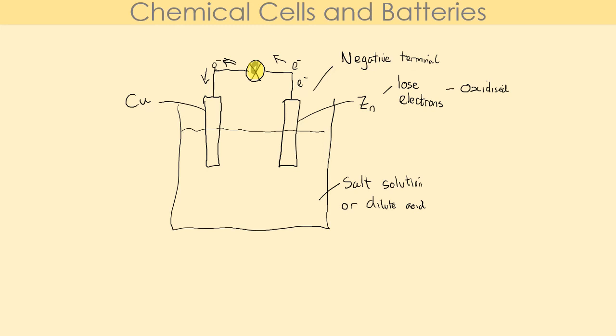We have two types of batteries or cells. We have rechargeable cells and we have non-rechargeable cells, such as the alkaline cells. A rechargeable cell can be recharged.